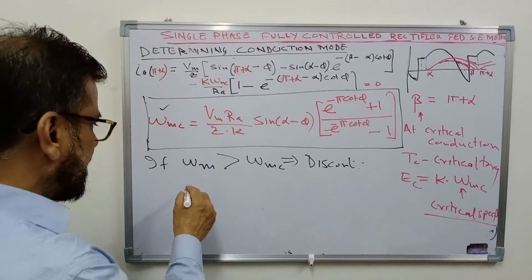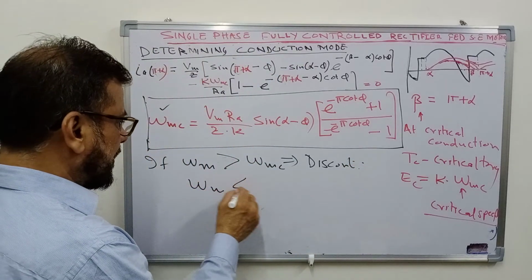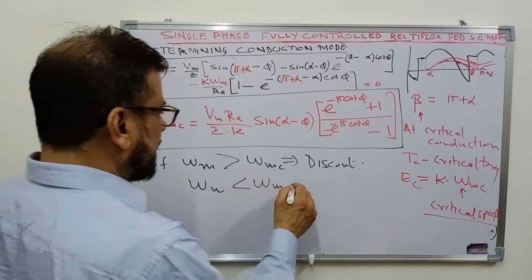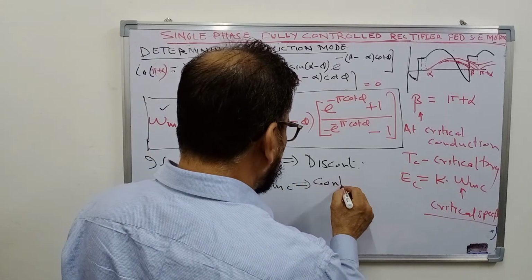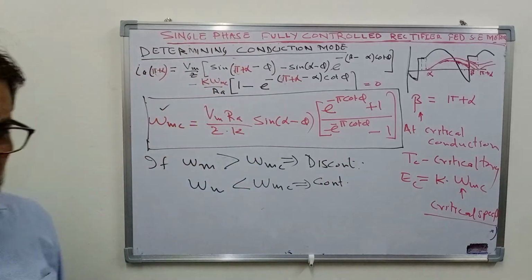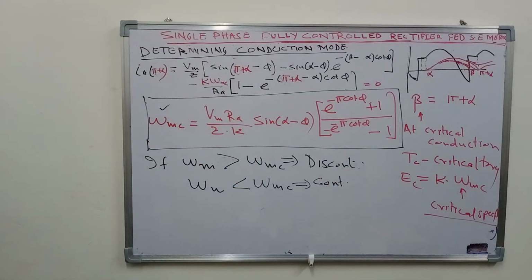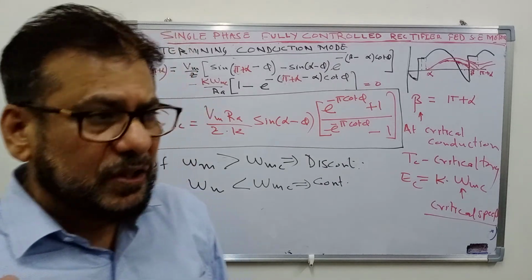On the other hand, if speed is less than omega mc, this implies that the conduction is continuous.